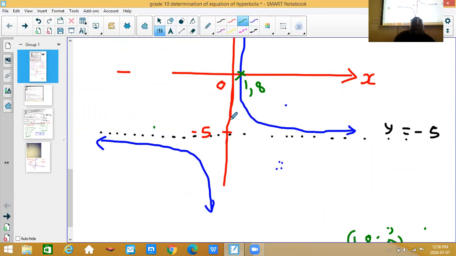So meaning to say our origin has moved slightly to this point, right? Since it has moved to this point, it means to say our equation will be something like this here, right?